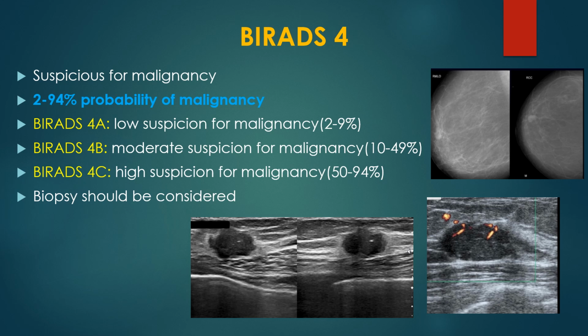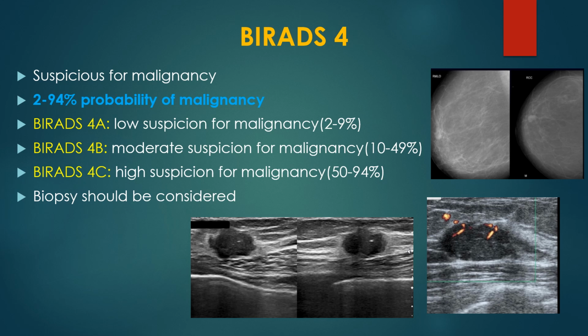Coming to BI-RADS 4, they are basically suspicious for malignancy, and the chance of malignancy can be 2 to 94% depending on the appearance of the lesions. Based on this, whether the lesion is low suspicious, moderately suspicious or highly suspicious for malignancy, they are categorized as BI-RADS 4A, 4B and 4C.